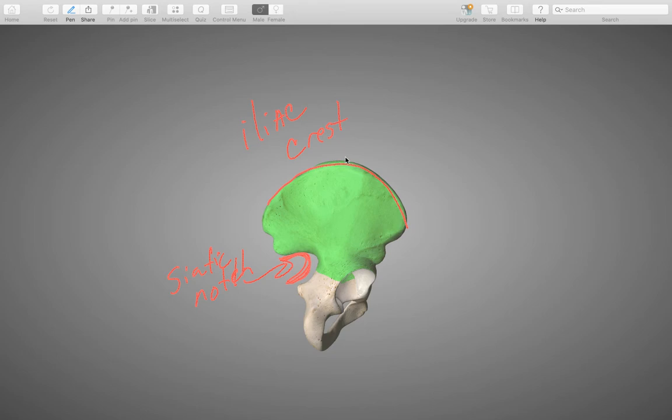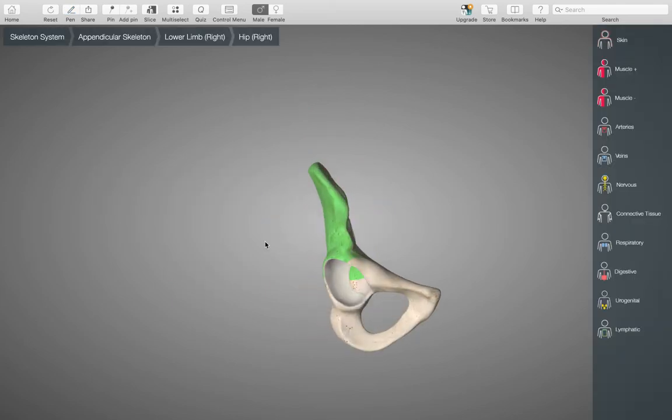Your sciatic nerve runs out of your sacrum and through your coxa, through this notch, so that it doesn't get impinged upon. Sometimes it does, because of swelling of surrounding tissues, but typically that should not happen because of this notch. So we have the iliac crest and the sciatic notch. That sciatic notch is partially this bone as well, but we'll talk about that in a minute. So that's the ilium.